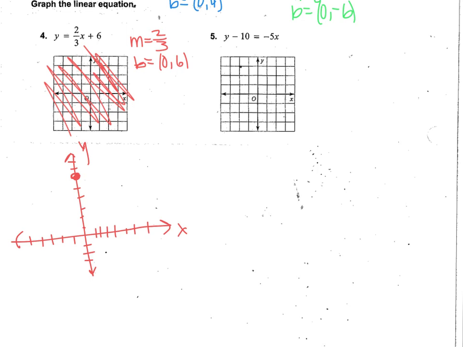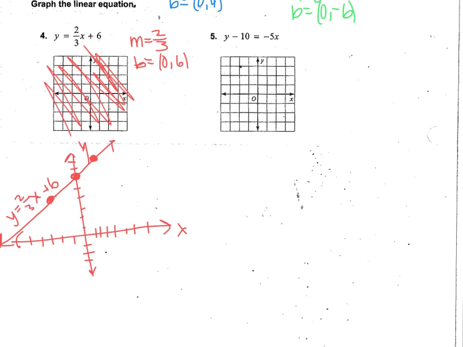Now, 2/3 means to go up 2, right 3. So that's like somewhere over here, kind of. Now, I don't have any more space, so let's go down 2 and then left 3. That should be good enough because I'm not on graph paper, so it's not really easy to make the dots. So I make my line, y equals 2/3 x plus 6.